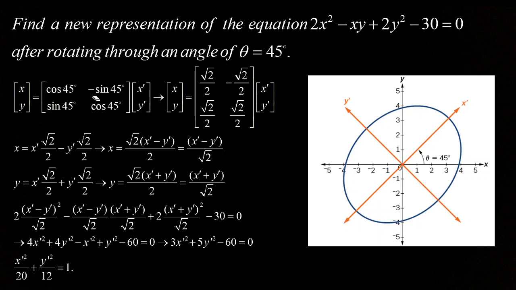We're going to take the x's that we have in this equation and convert them using this formula. This times this gives us this right here, and this row times this gives us this one. Simplify. So this is my x in terms of x prime, y prime, and this is my y in terms of x prime, y prime.